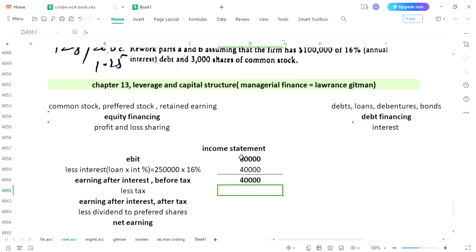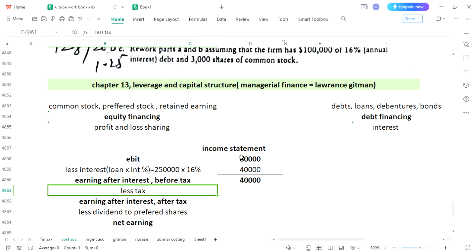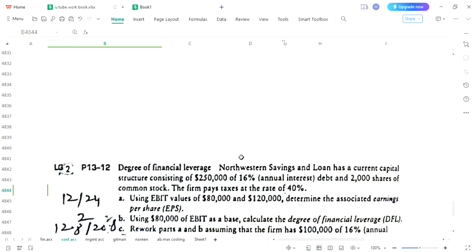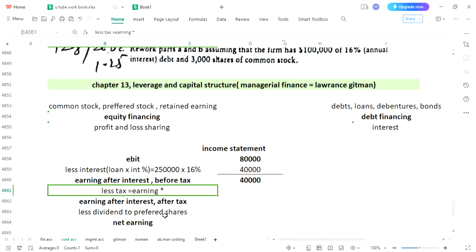Now we will calculate its tax. And how would you calculate it? Simply you will multiply your earning by the rate of tax, which is 40% normally. Let's read out. Firm pays tax at the rate of 40%. So let's calculate its tax.